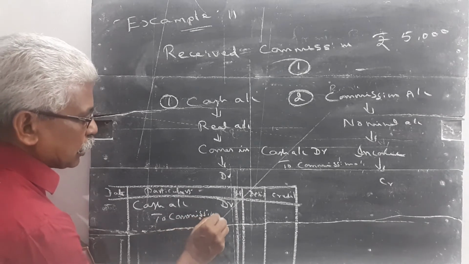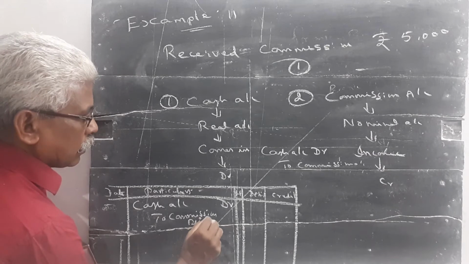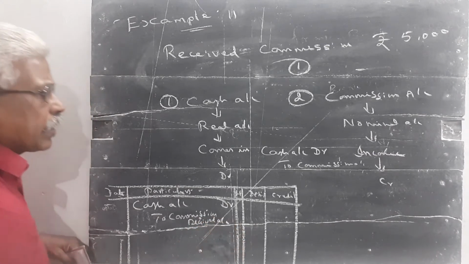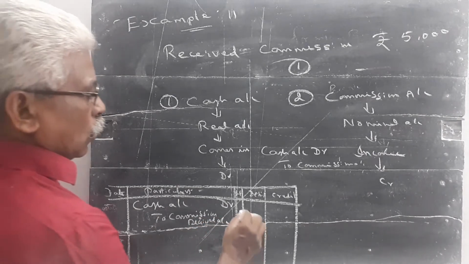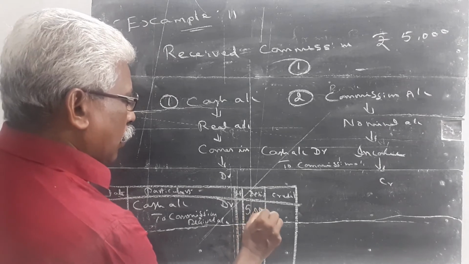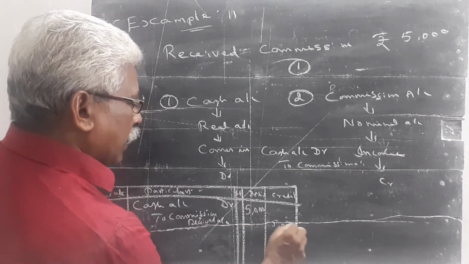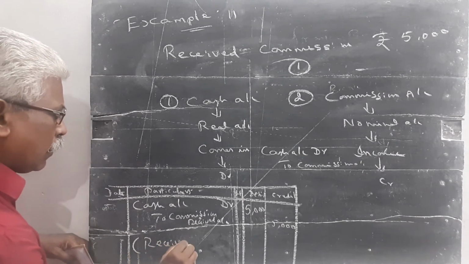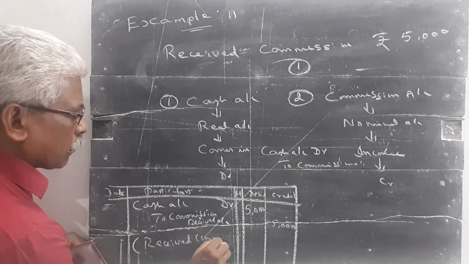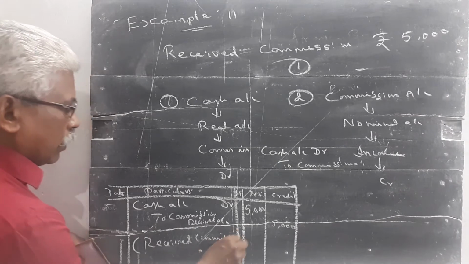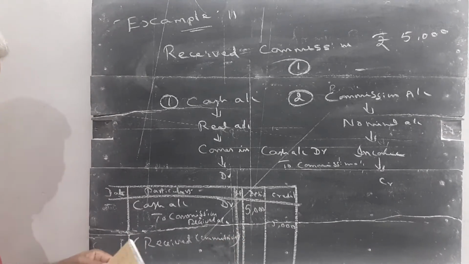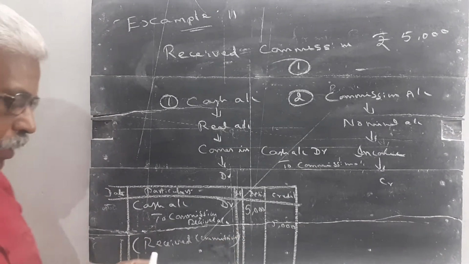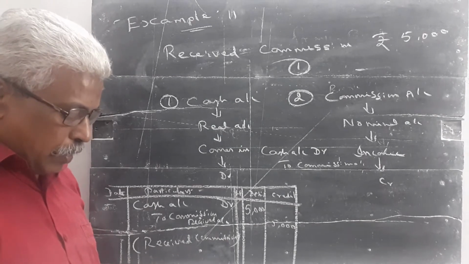You can write commission account, or commission received account, rupees 5,000. In the debit column as well as the credit column you write 5,000. In the narration we write received commission. Okay, then the 11th problem is completed. Then the 12th problem, paid.